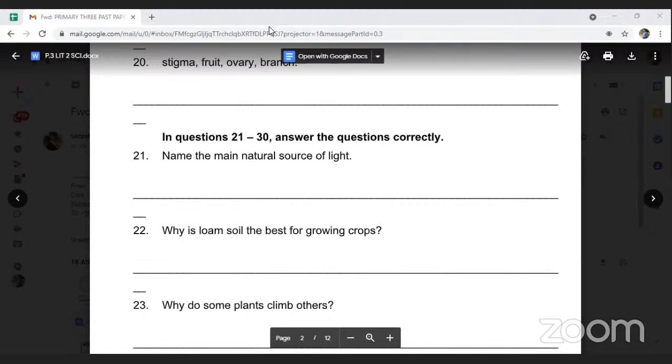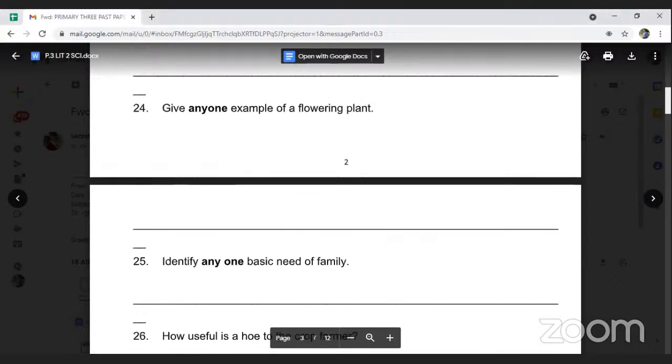Okay, so let's move on to the next question. This one is for Shadrach. It says, give any one example of a flowering plant. You can give many, maybe three of them.